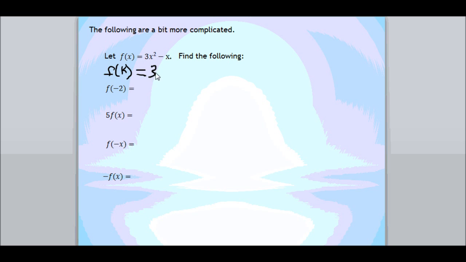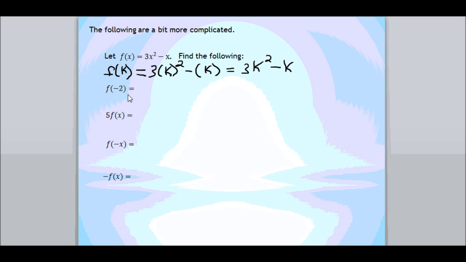So this is going to be 3 times what would have been x squared minus the x. But again, now we're going to replace x with k. And there isn't much we can do with this, so its final answer would be 3k squared minus k.